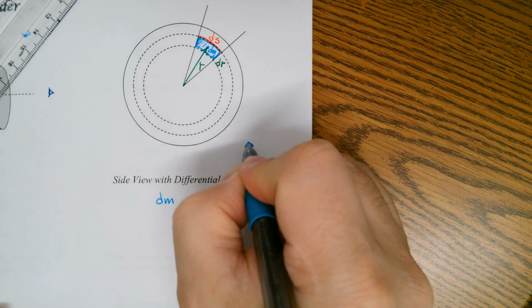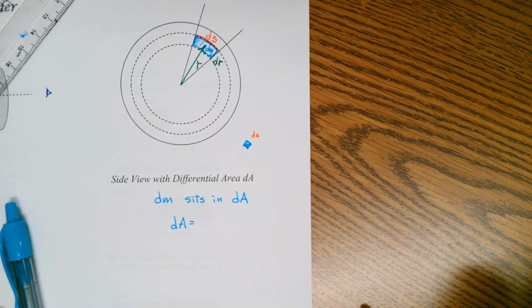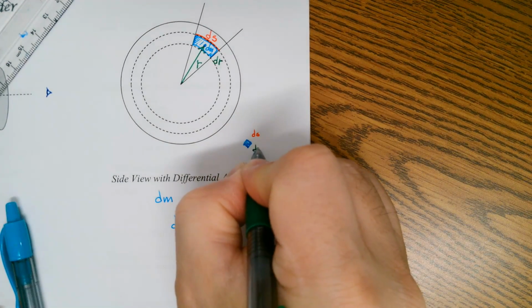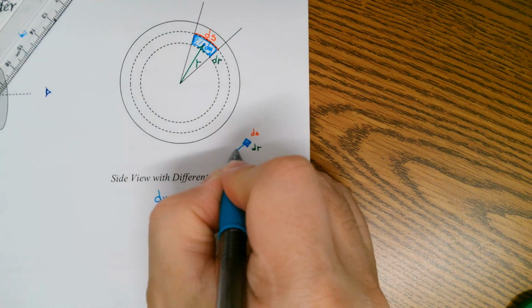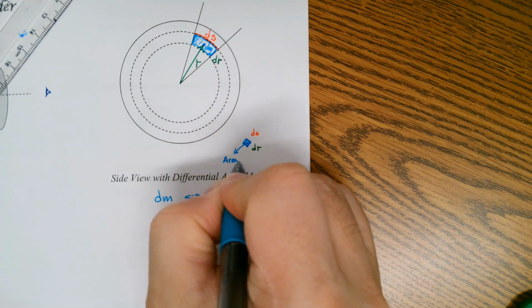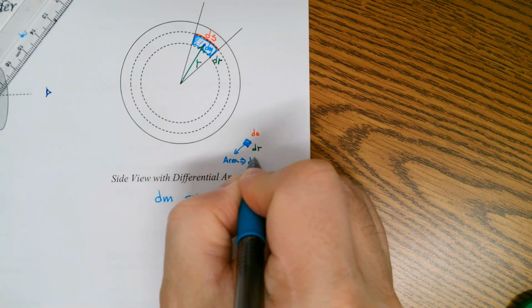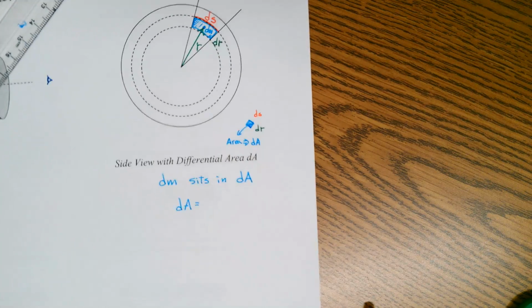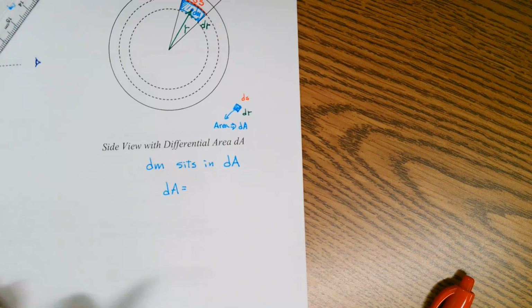Then it's just basically this ds times dr that will be my dA. This will be my area dA. So my dA is just these two multiplied.